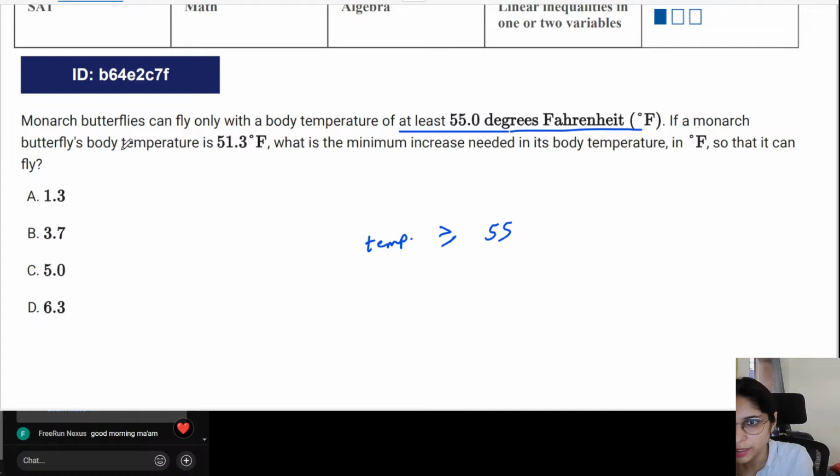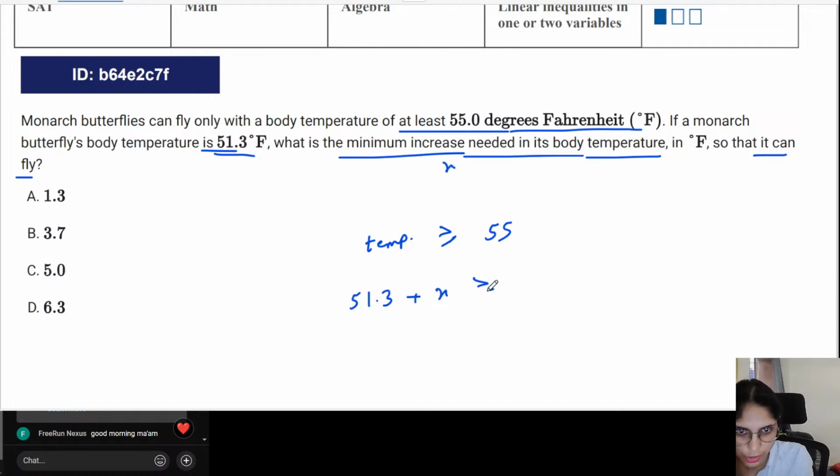Now if a monarch's body temperature is 51.3 degrees Fahrenheit, what is the minimum increase needed in its body temperature so that it can fly? So temperature 51.3, but you need to add something, so let's call it x. It should be greater than or equal to 55.